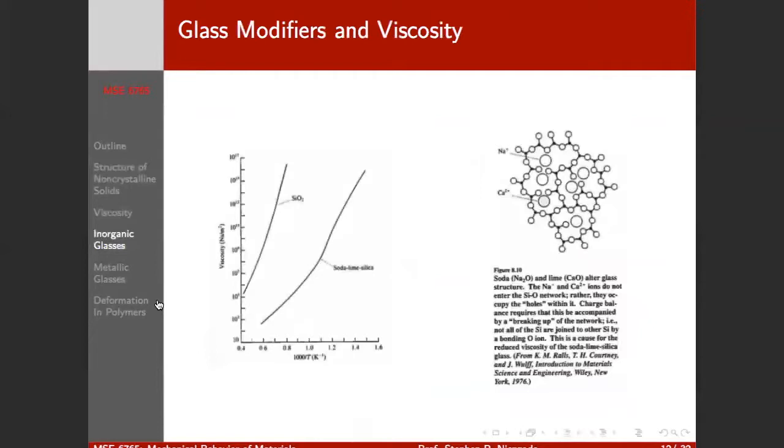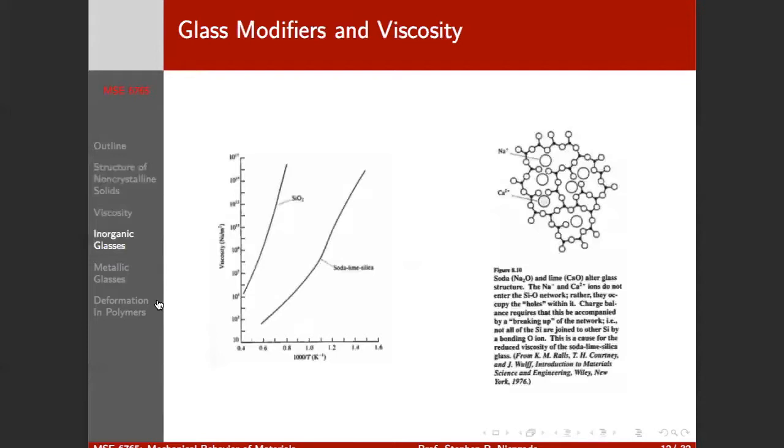So if we have a perfect silicate glass, we tend to have a significantly higher viscosity than if we put in any kind of glass modifiers, right? So soda lime glass is silicate with Na2O, soda, and calcium oxide, lime, and these positive ions interact with the glass network and disrupt our structure.